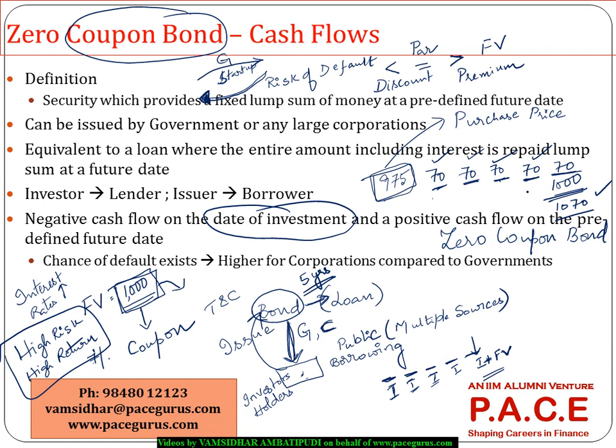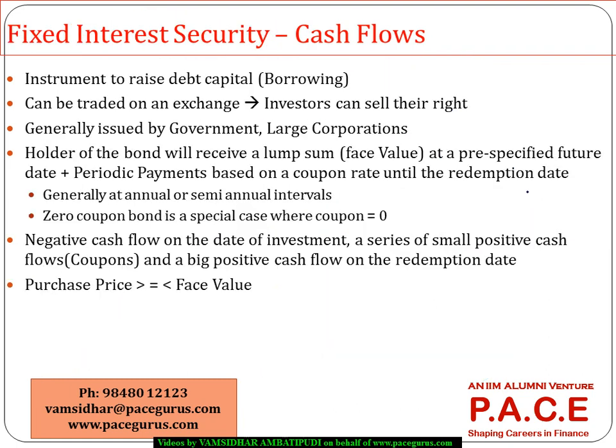Even in a coupon bond, there may be scenarios of fixed coupon as well as floating coupon. As long as the coupon is fixed, in the coupon bond also, all the timing as well as the amounts of the cash flows are known in advance.